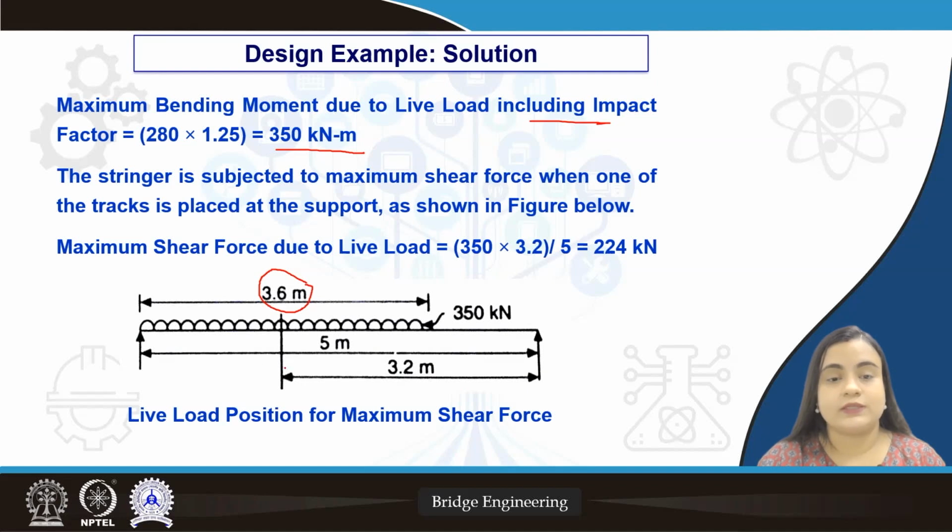That's why the CG from the nearest support has a distance of 1.8 meter, while the other edge has a distance of 3.2 meter as shown in the diagram. So the maximum shear force due to live load will be 350 times 3.2 by 5, that is equal to 204 kilonewton.